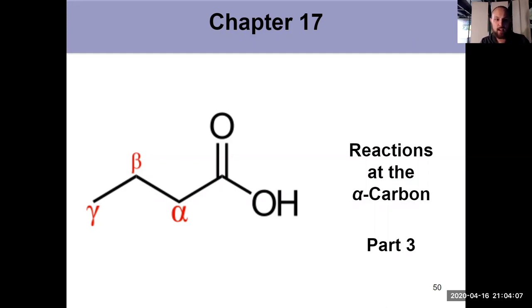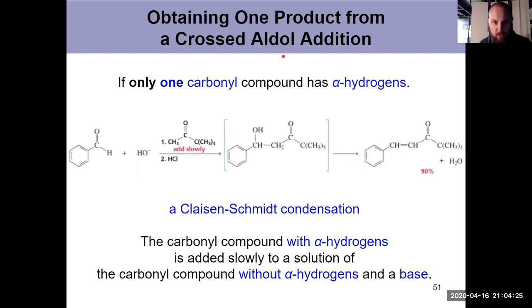But if we're designing a crossed aldol addition for synthetic applications, make sure that one of the carbonyls that you're working with, the aldehyde or the ketone, doesn't have any alpha hydrogens.